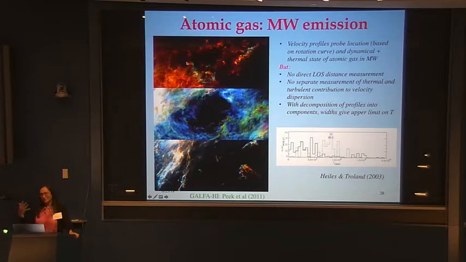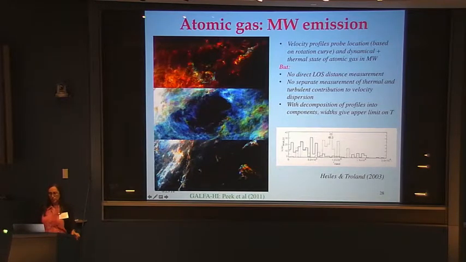Velocity is kind of a tracer of position along the line of sight, but not really. You can very roughly distinguish where gas is based on where it would be with the galactic rotation curve. But of course, it's turbulent. There are a lot of local velocities. So the velocity is telling you something roughly about where it is.